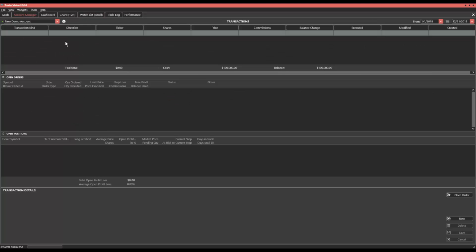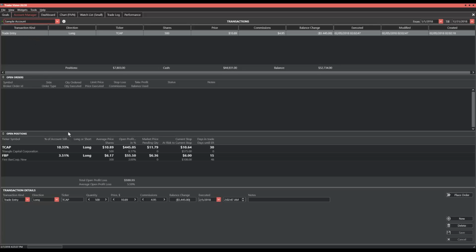Let's see, the account manager is essentially, let's change this to sample account. It's essentially intended to keep your account in sync between your TraderVision data and your brokerage data. So you see your open trades, and you see any open orders. Once we have the brokerage integration, you would have orders that had not yet been filled or canceled.